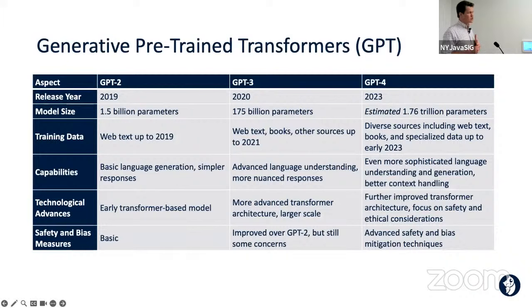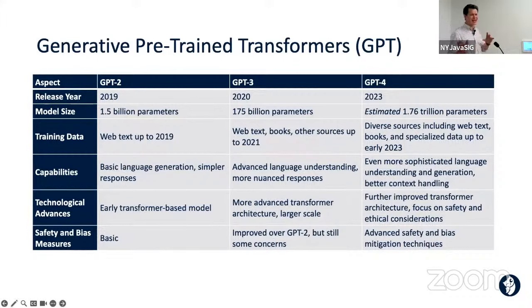So here's the story so far of GPT. Generative pre-trained transformers. This is a series of models from OpenAI, as I'm sure you're all aware. GPT-2 was an open source model back in February 2019, mainly designed to summarize, translate and answer questions about text. GPT-3 is a much larger model. We've gone from 1.5 billion parameters to 175 billion parameters.